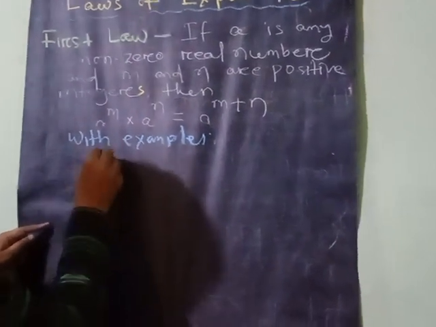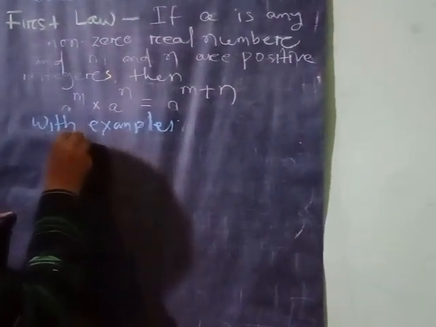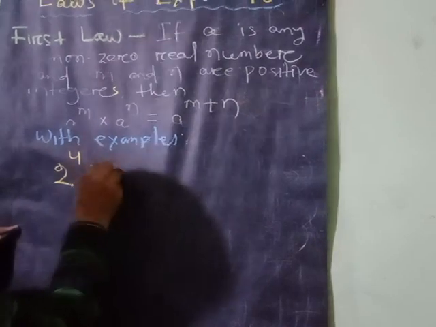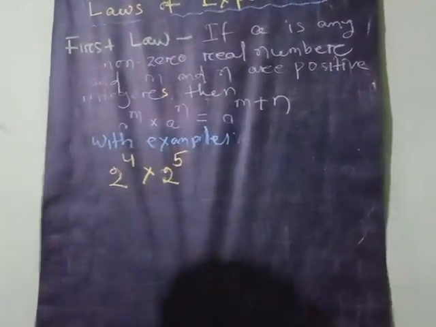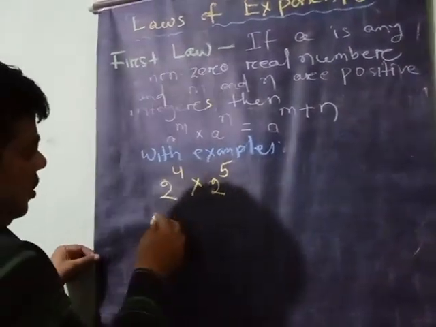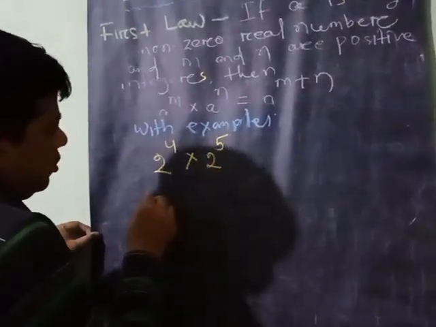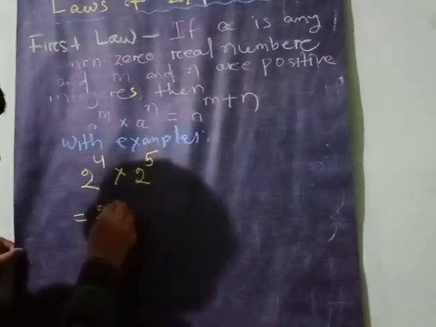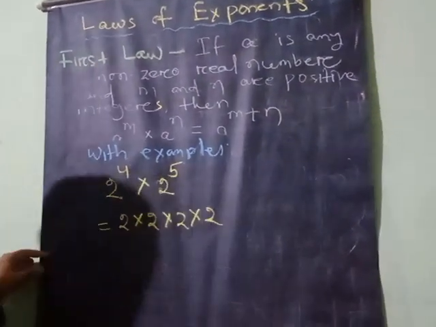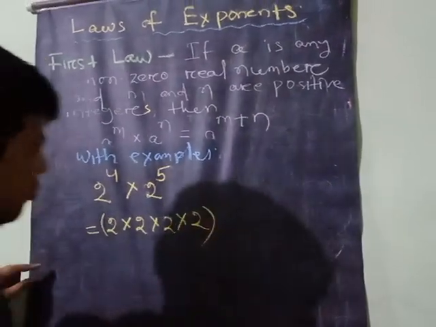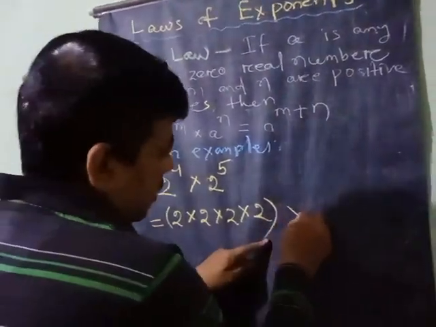Let us see 2 to the power 4 into 2 to the power 5. Understand? Here 2 to the power 4 means 2 into 2 into 2 into 2, that is 4 factors. You have to multiply 2 four times.